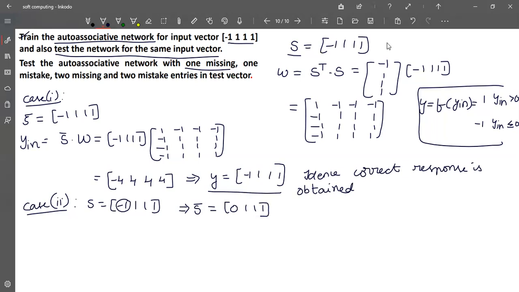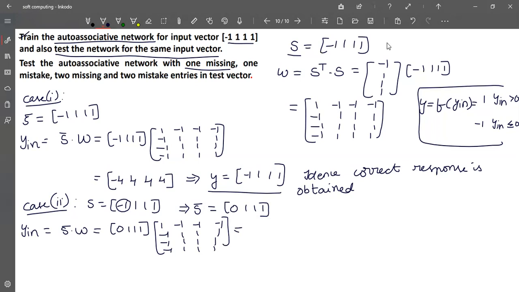So now let's find y in again. So S bar into W, right? So 0, 1, 1, 1 into the weight matrix 1 -1 -1 -1, -1 1 1 1, -1 1 1 1, -1 1 1 1.